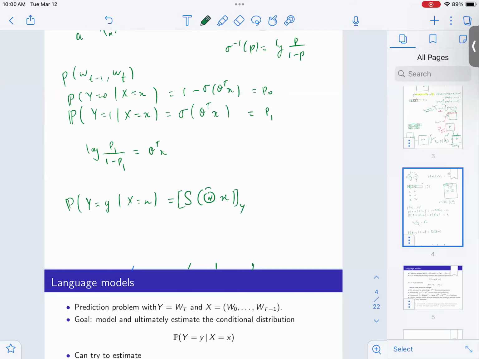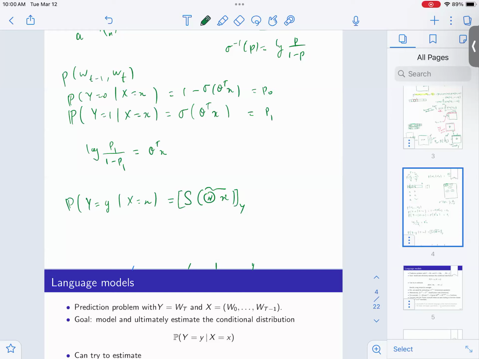We call the thing inside the softmax the logit. It's whatever goes in, and when I apply softmax, gives me these probabilities. The name doesn't matter; the concept matters.